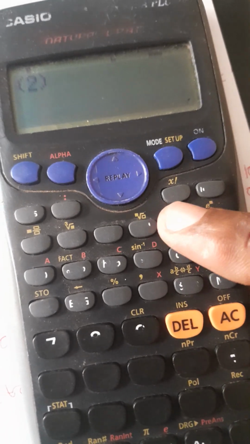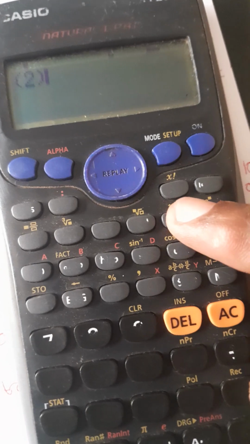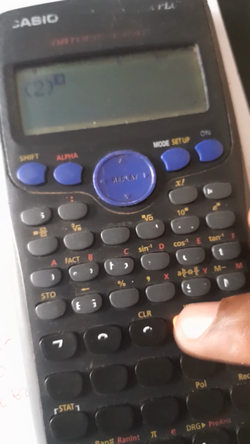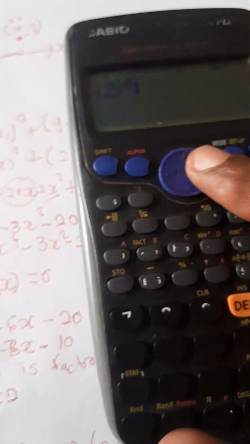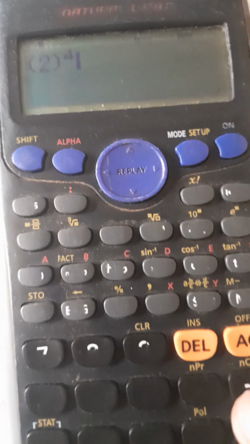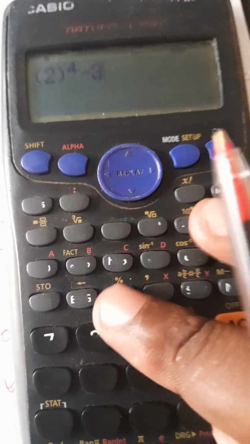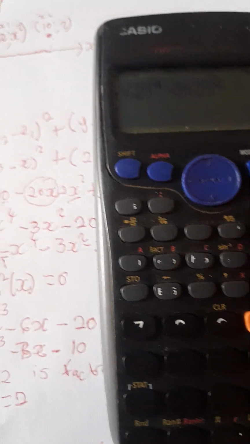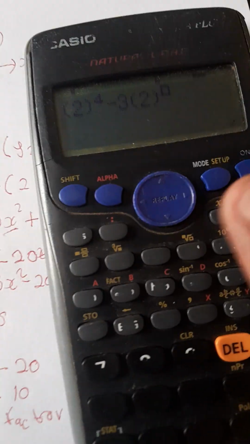Then as well as we have 3, so it will be 2 squared, right?